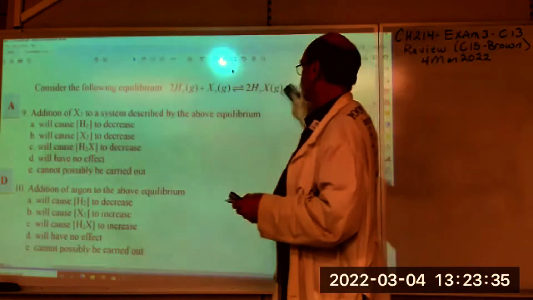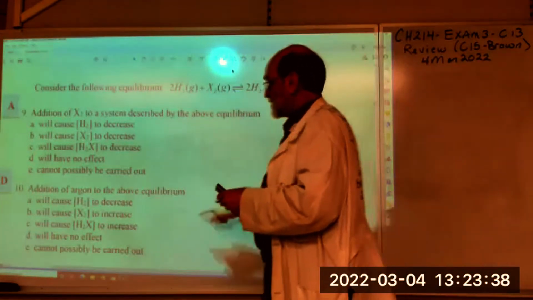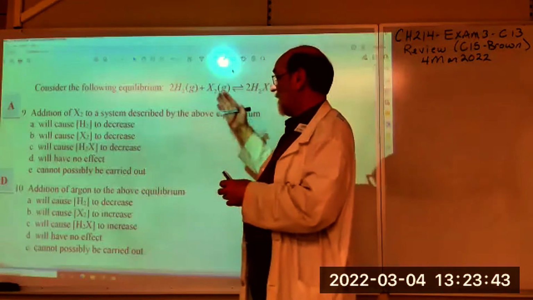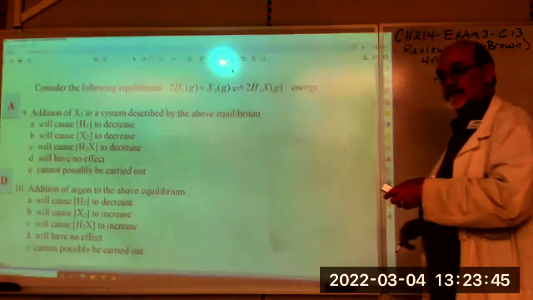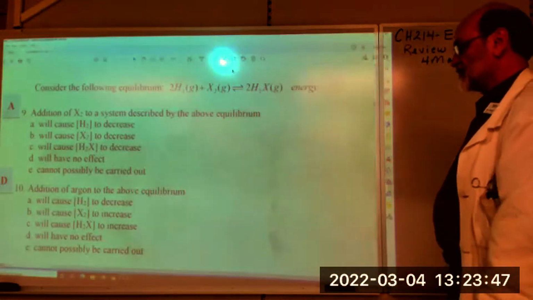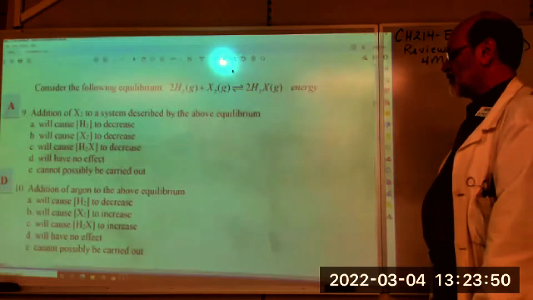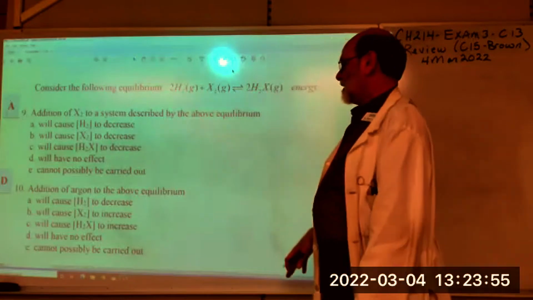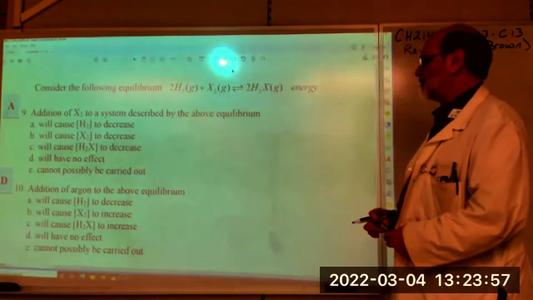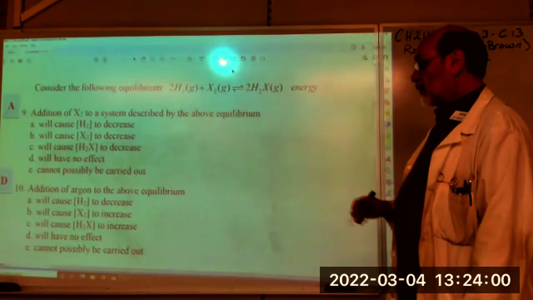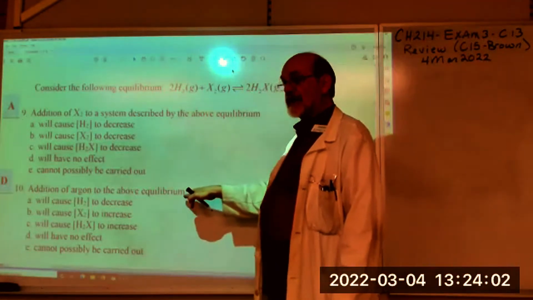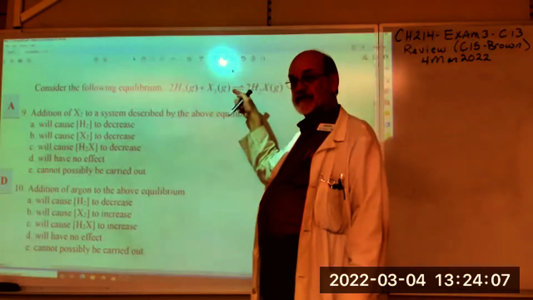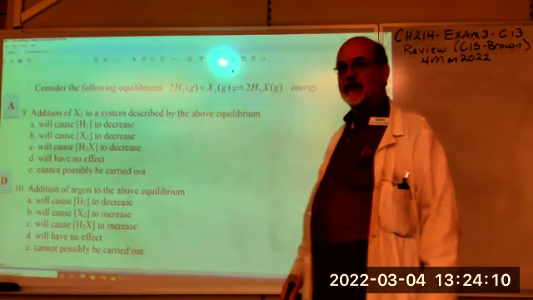That can be confusing. This statement right here: at equilibrium, it's actually a higher value than it was before equilibrium was disturbed. Addition of argon to the above equilibrium. Right, gas, gas, gas. We're using an inert gas here, but actually any gas that you add to this system that's not involved in the reaction will have no effect on its equilibrium position.